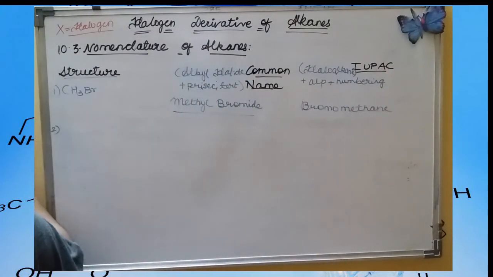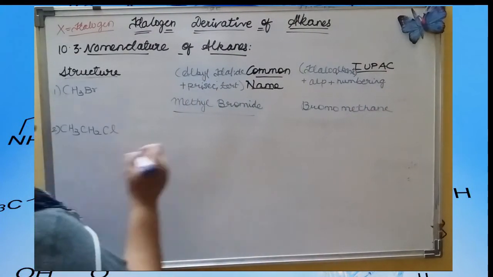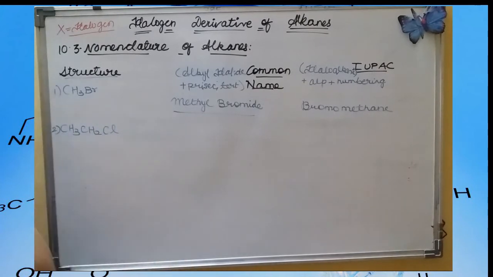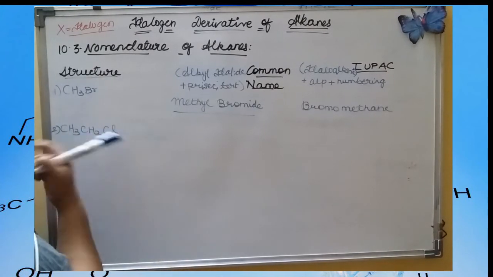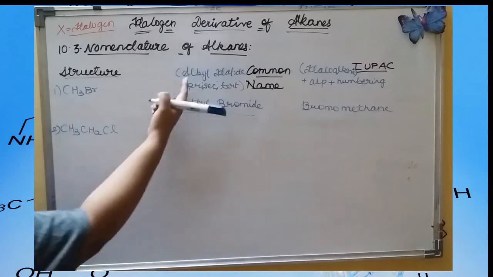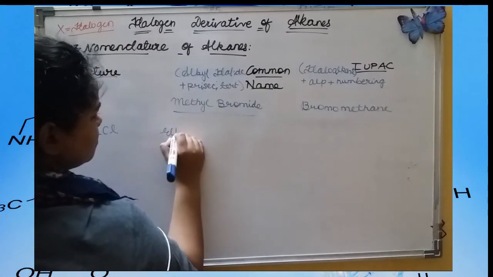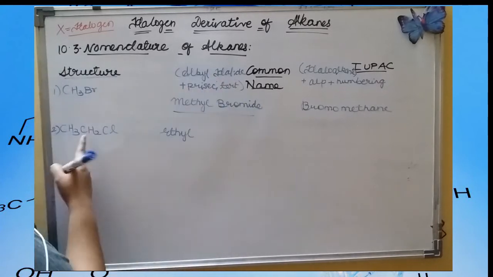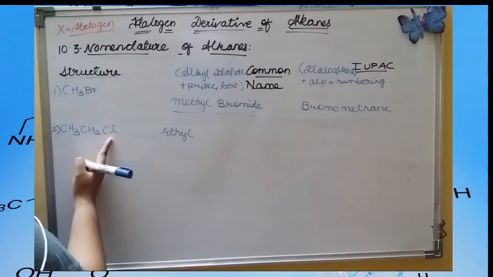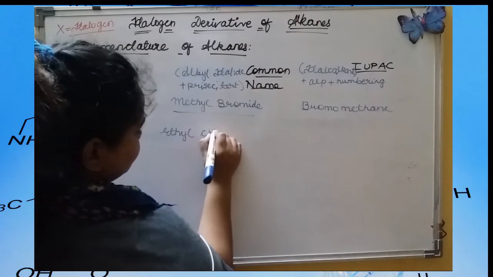Next example, see. There are two carbon atoms, that means it is ethane. So the alkane is ethane, so ethyl, and the halogen group is chlorine, so chloride.